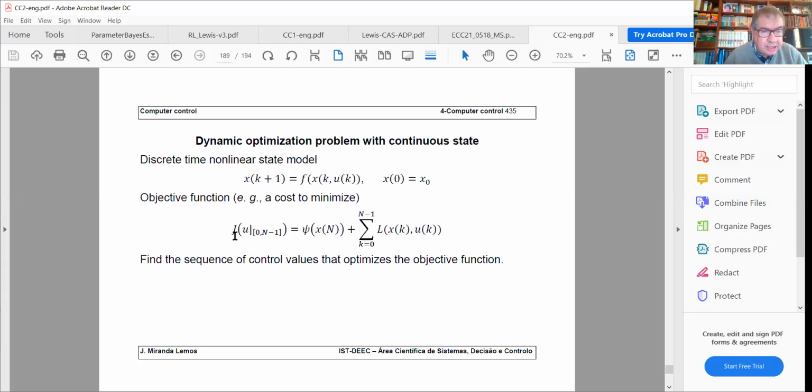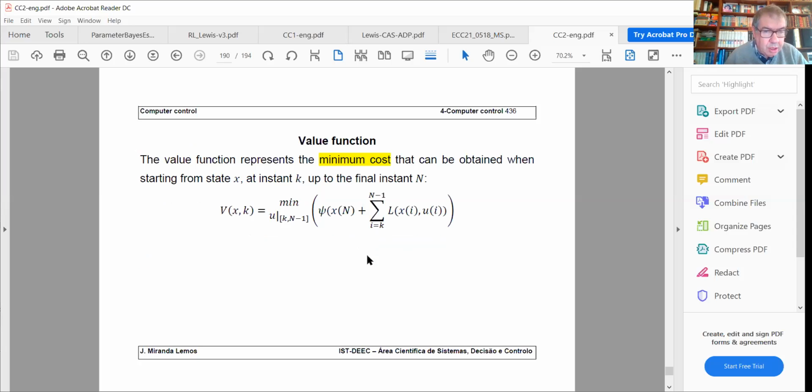So this actually means u0, u1, u2 up to uN minus 1. And you want to minimize over this sequence, and x and u are related by the state model. So we want to find a sequence of control values that optimizes this objective function, and we are going to write an equation in the general case that gives a condition for u to be optimal.